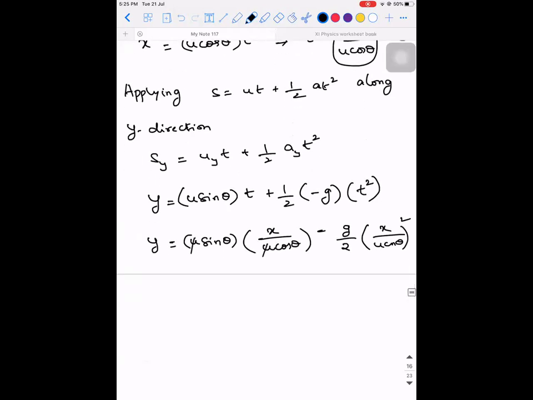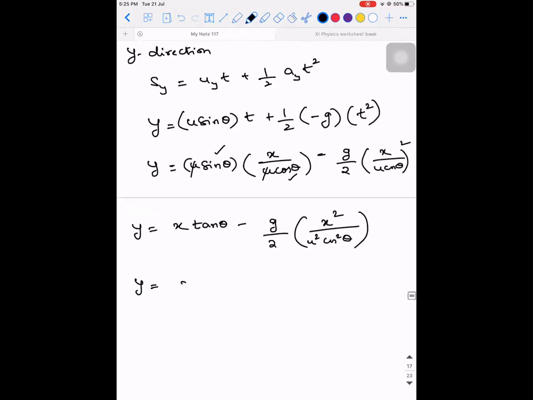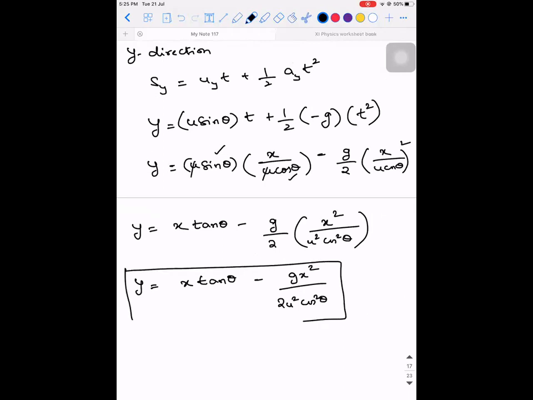So u and u will get cancelled. y is equal to x outside, sin theta by cos theta, tan theta, minus g by 2 into x square divided by u square cos square theta. Got it? So y is equal to x tan theta minus g x square divided by 2u square cos square theta.